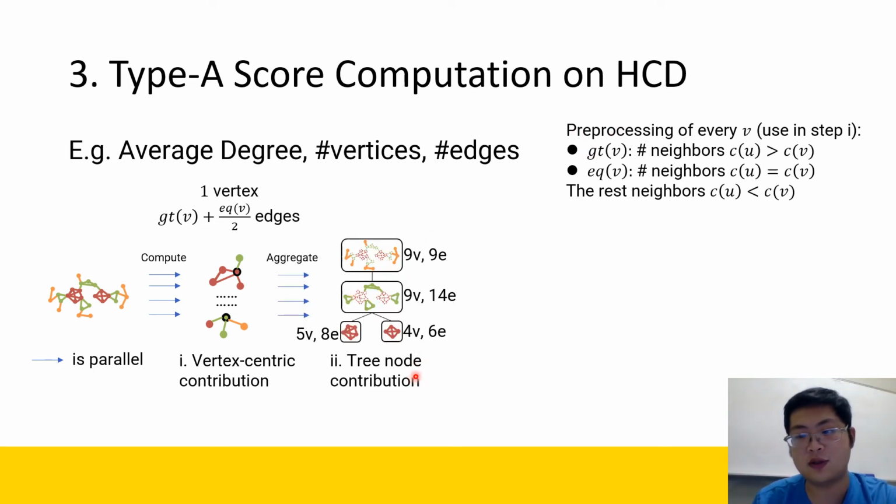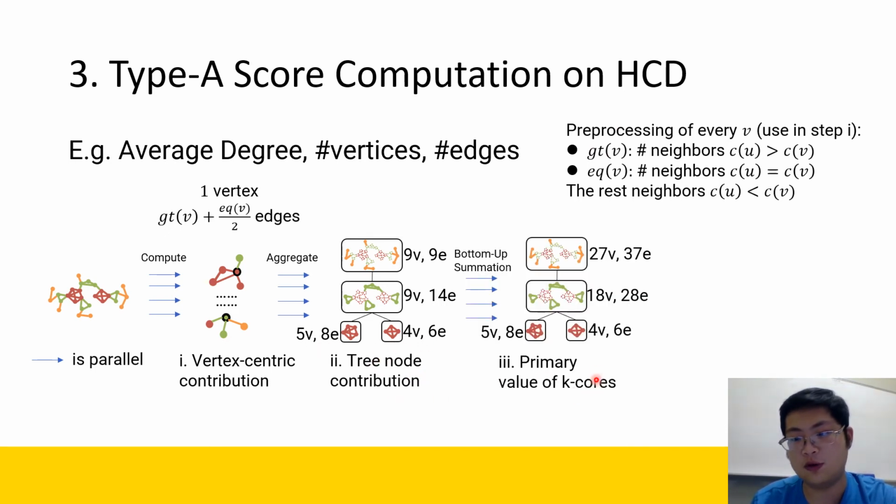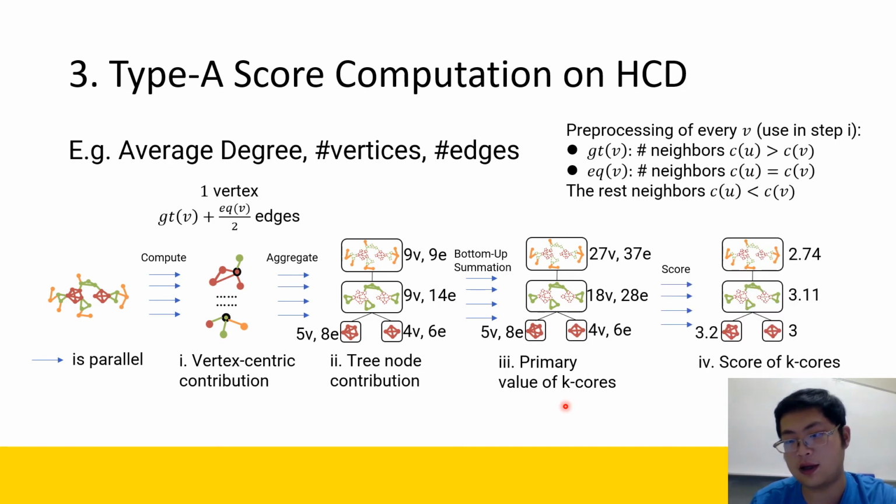Then we sum them up into tree nodes here, and then we do bottom-up summation. So this one is the sum of these three. That way we get the primary values of K-cores, and then we can obtain the score of K-cores. We just divide them and multiply by 2.